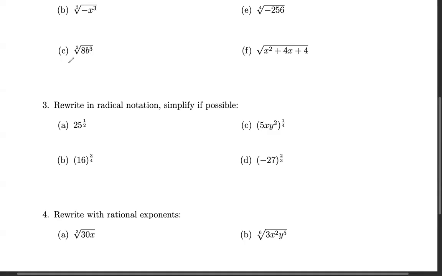Let's see C. For C, we have 8 and b raised by 3. So we can split them as cubic root of a, the index is 3, because this is a multiplied by b raised by 3, then multiplied by cubic root of b raised by 3. 8 can be written as 2 raised by 3.